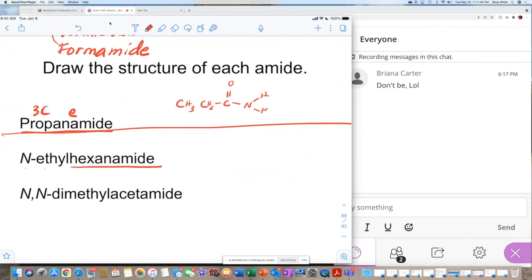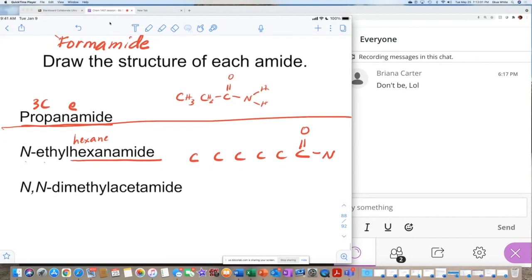The second one is N-ethyl-hexanamide. Hexanamide is like hexane, so we have 6 carbons. 1, 2, 3, 4, 5, 6. The 6th carbon has our functional group, and it says right here there's an ethyl group attached to the nitrogen, so CH2, CH3.